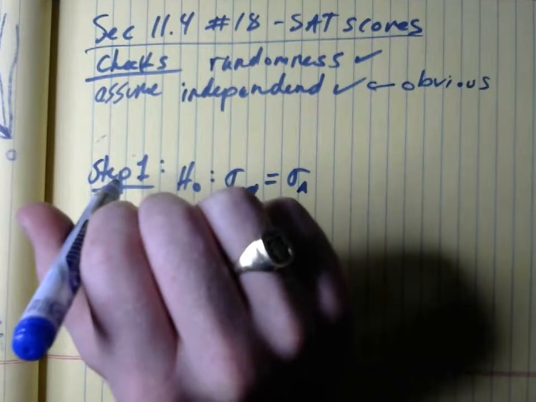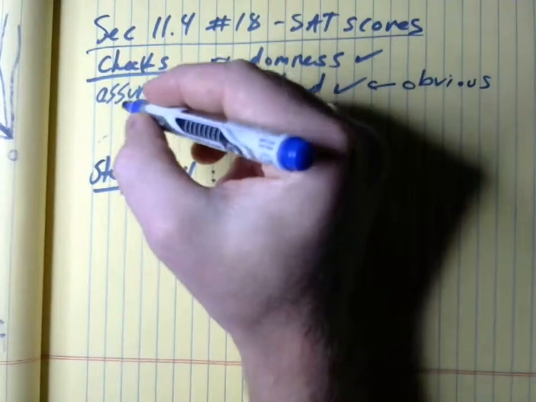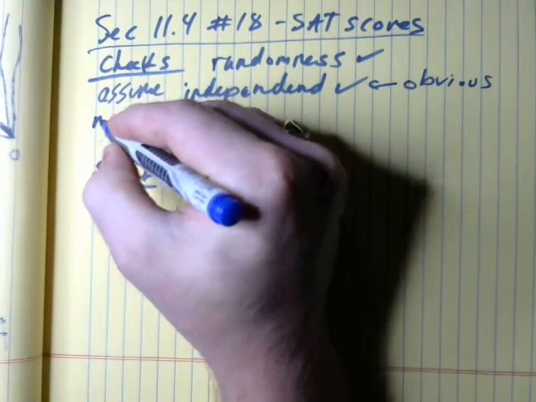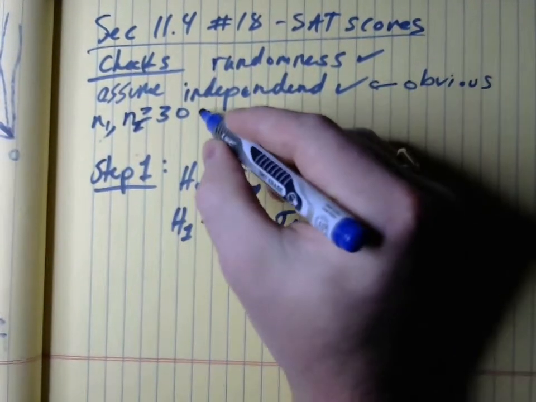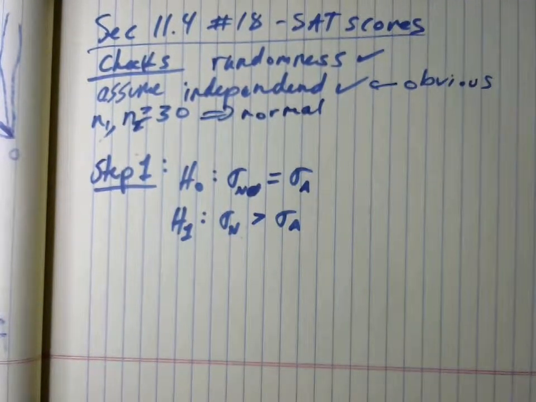Well, it doesn't actually say it here, but we know that, as we can see, the sample sizes are large enough, so n2 and n1 are both greater than or equal to 30. So that implies normal. So we're good.